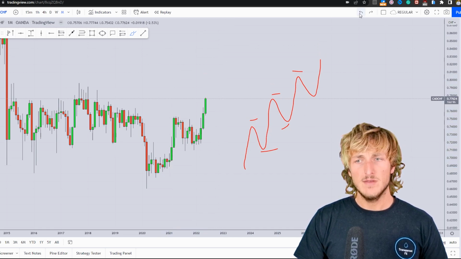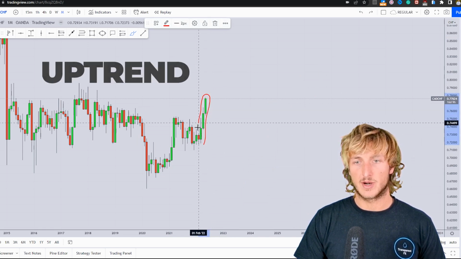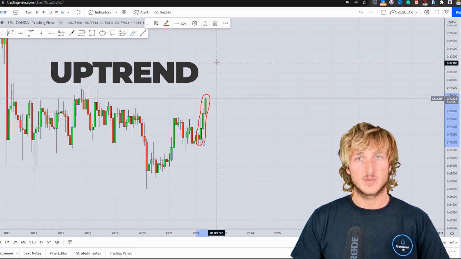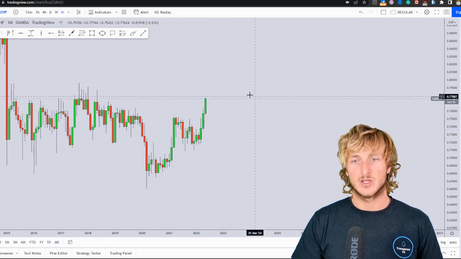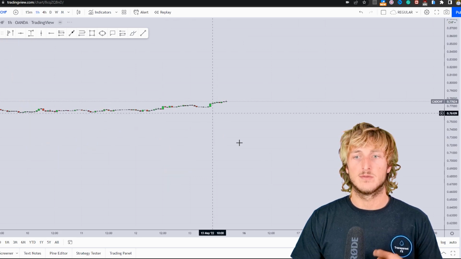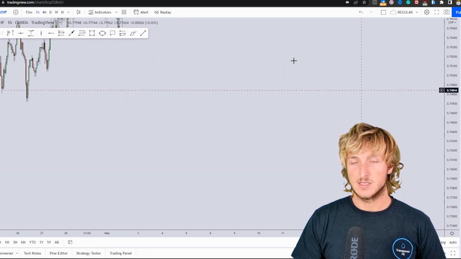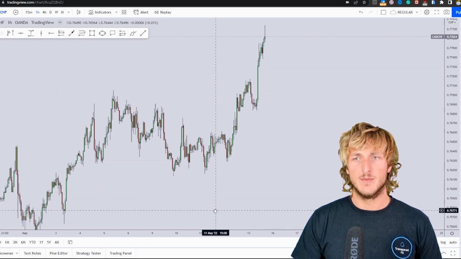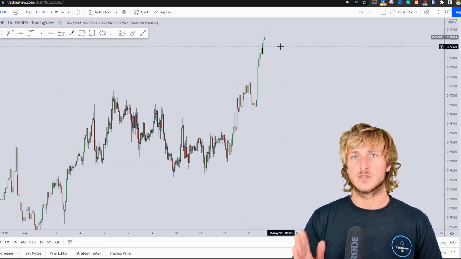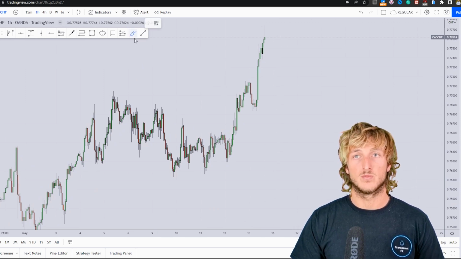Now, even though here everything is very bullish, right? We can see clearly that the market has just created a massive move to the upside and it is in a clear uptrend. If, for example, we drop down on another time frame, for example, the 1 hour, what we can clearly see here is that even though on the monthly everything seemed just straight up, here on the 1 hour we see a completely different price action.